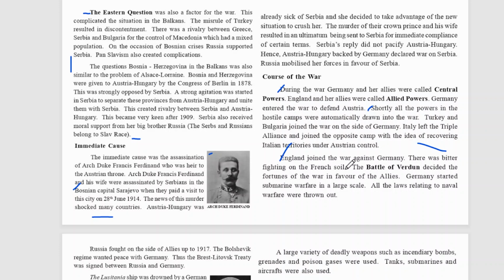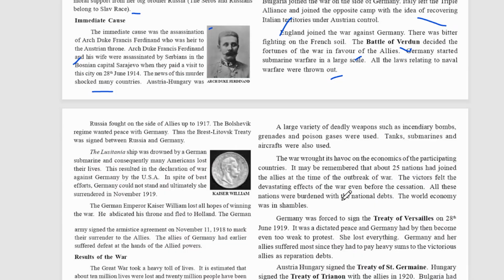The Battle of Verdun decided the fortune of the war in favor of the Allies. Germany started submarine warfare on a large scale, and all the laws relating to naval warfare were thrown out. Russia fought on the side of the Allies up to 1917.